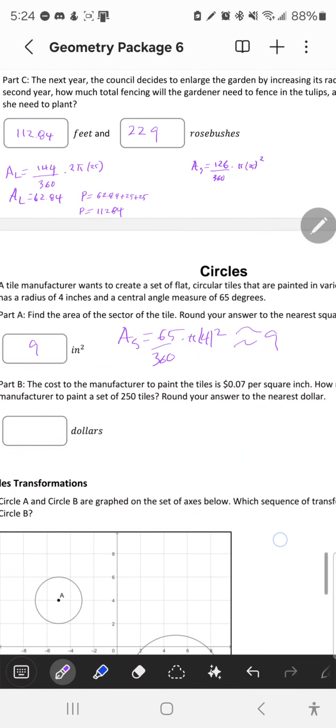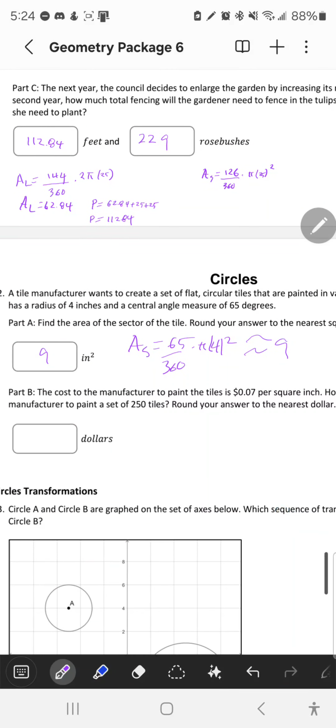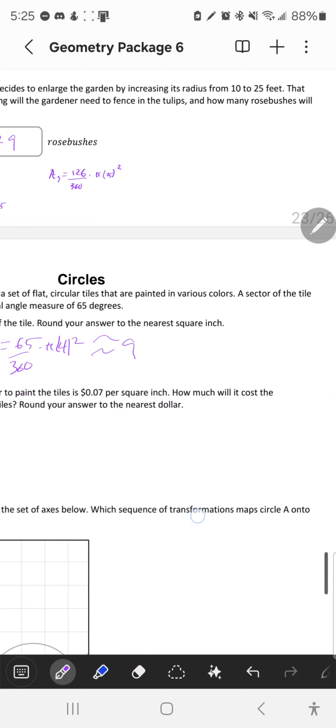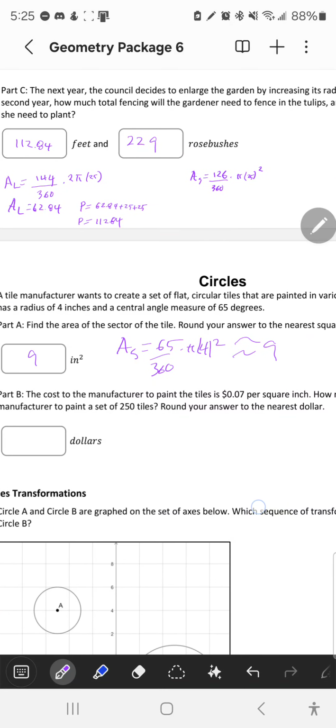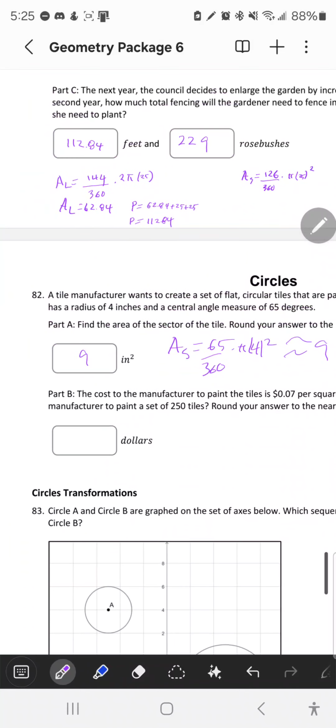A set of... okay, let me see one thing. Okay, I think that it will be a radius of 250 tiles.